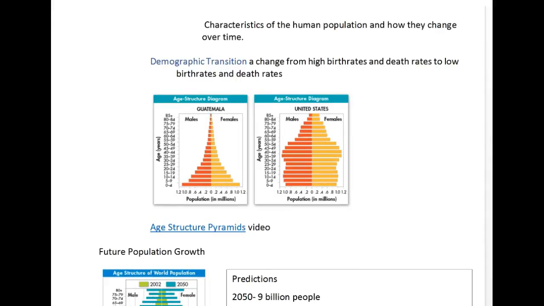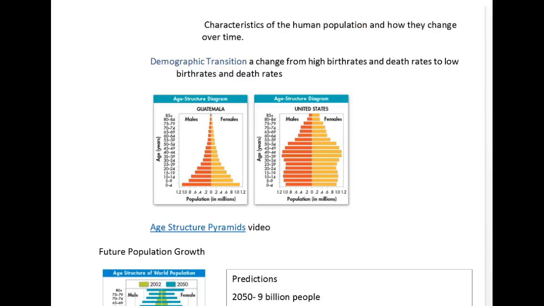So they'll take into consideration the immigration, emigration, the death rates, the birth rates, and all of that might have an effect on the population numbers.